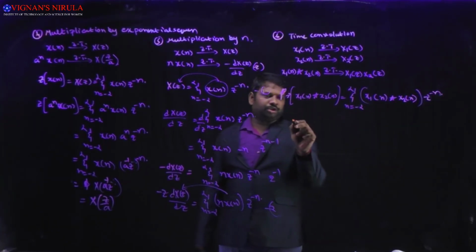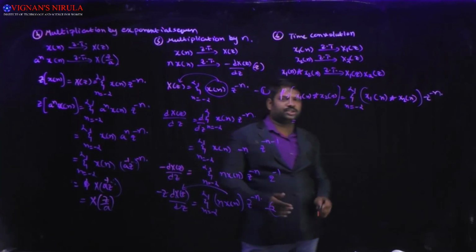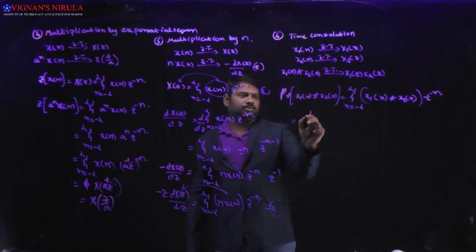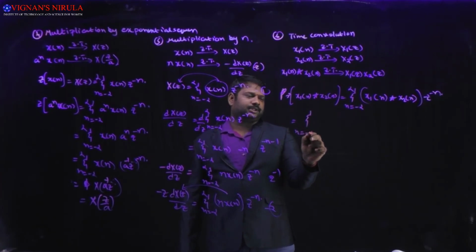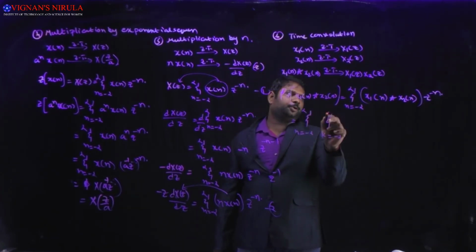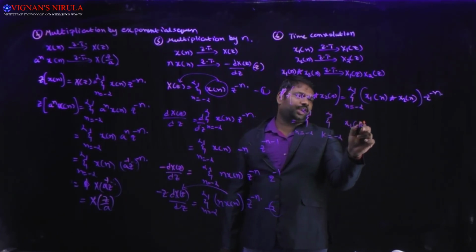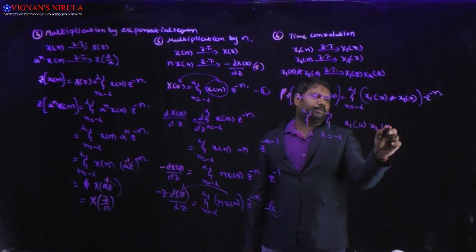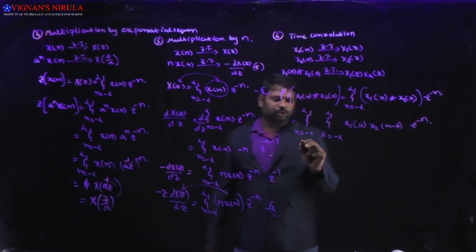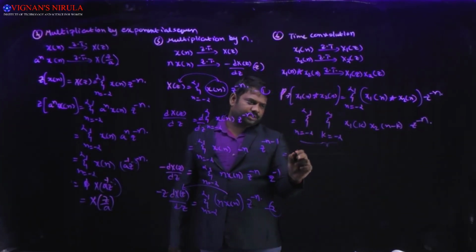As these are discrete signals, we use the convolution sum formula, which is written as summation k varies from minus infinity to infinity x1 of k, x2 of n minus k, z power minus n. Now change the order of the summations.